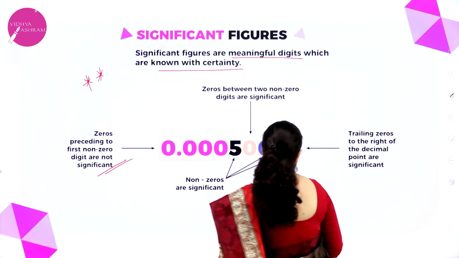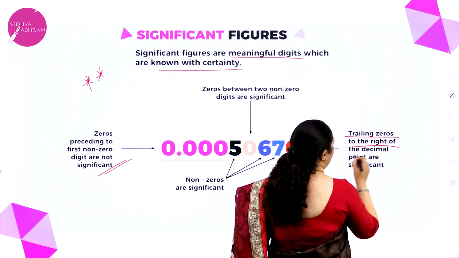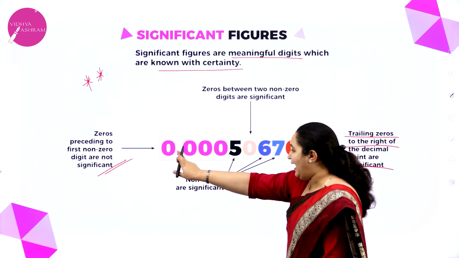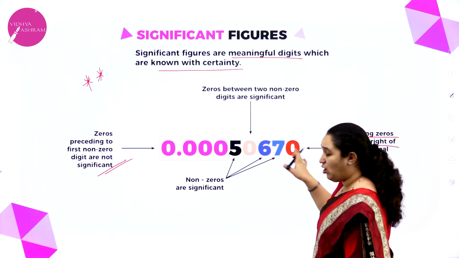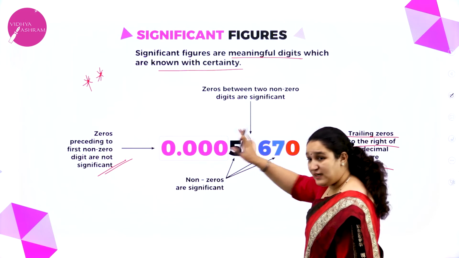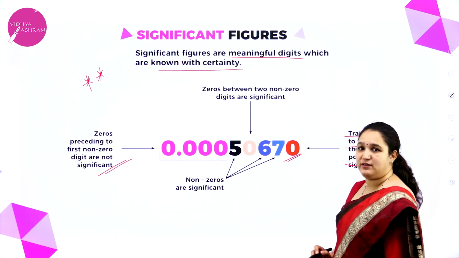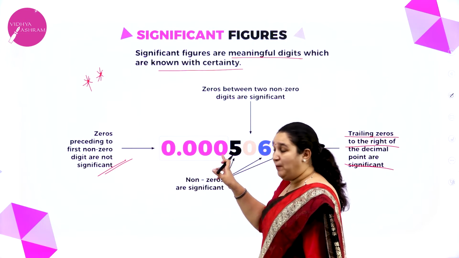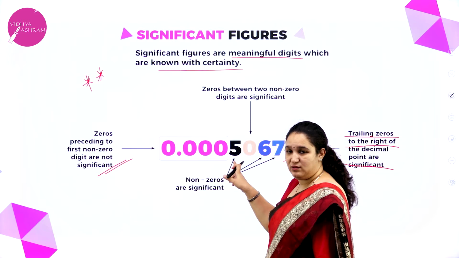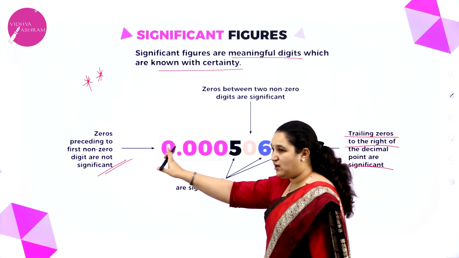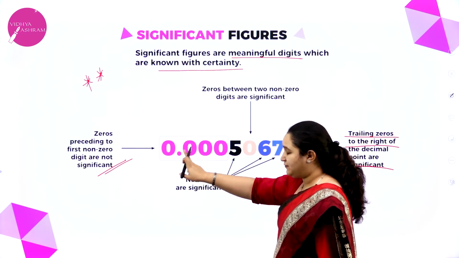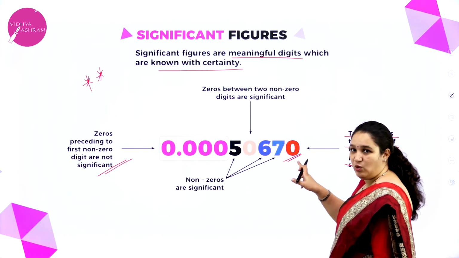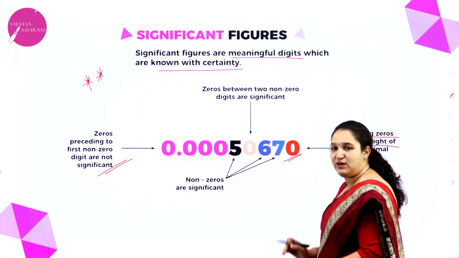Last one, trailing zeros to the right of a decimal point are significant. See, I have a decimal point here. The zeros which are there after the non-zero digit and after the decimal point are significant. But remember, after the decimal point you have 3 more zeros before the significant digit. These are non-significant, but after the decimal point, after the non-zero digit, if there is a trailing 0, then they are significant.